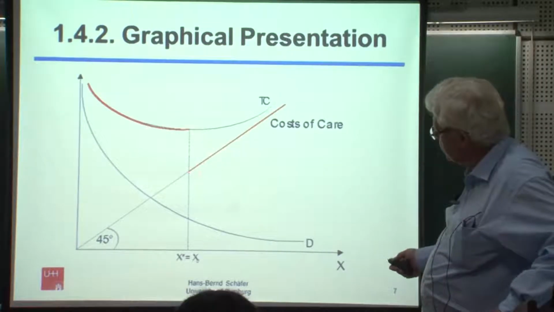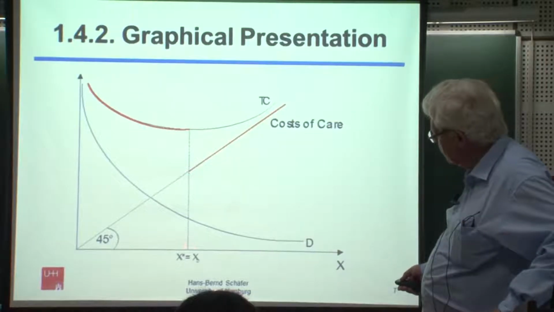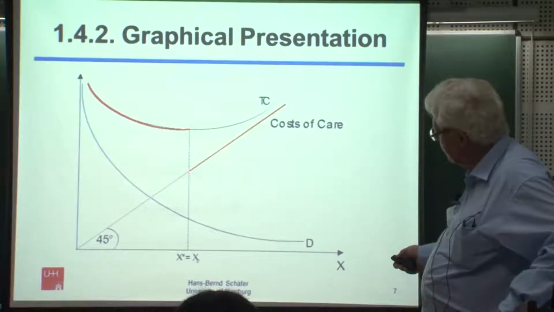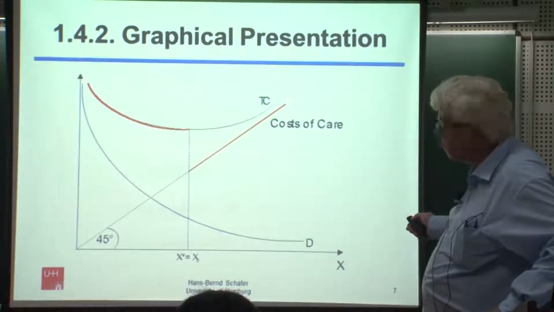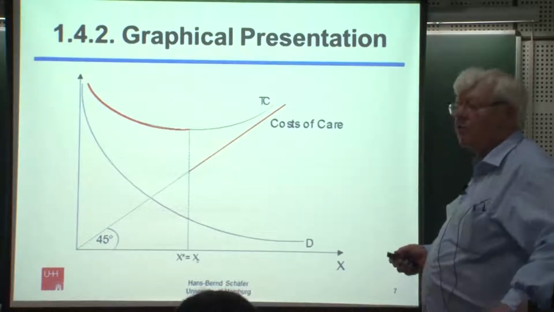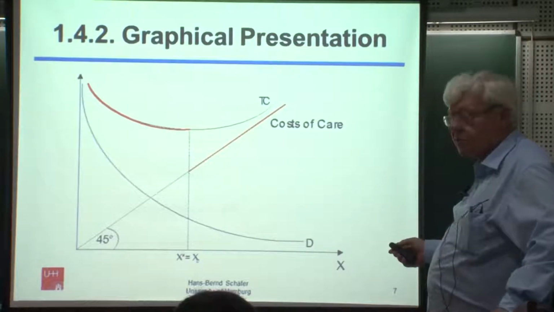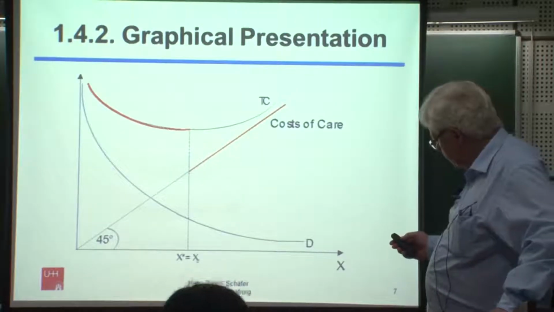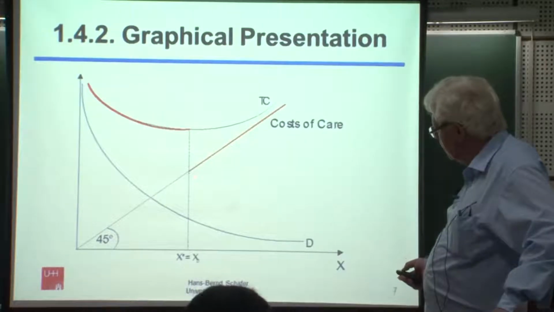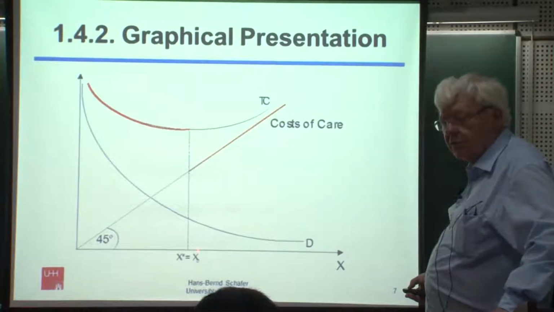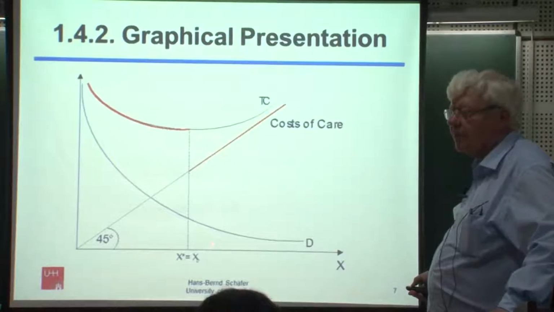So there is an abrupt change here in that direction, and then when he goes further in this direction, his costs of care increase. And now we can easily see that he minimizes his total costs when he reaches the due level and the efficient level of care.